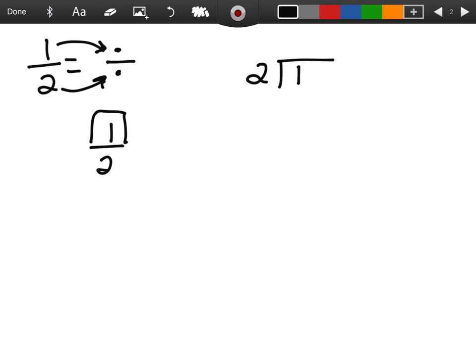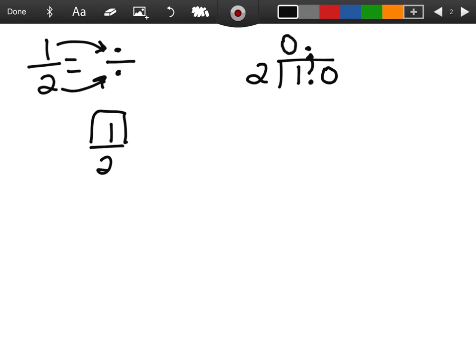Okay, I know 2 can't go into 1 because 1 is smaller than 2, right? So I have to add a decimal. And when I add my decimal, I can add a 0. I know anytime I have a decimal, when I'm dividing, I raise the decimal up and put it on top, okay? Again, 2 goes into 1 0 times.